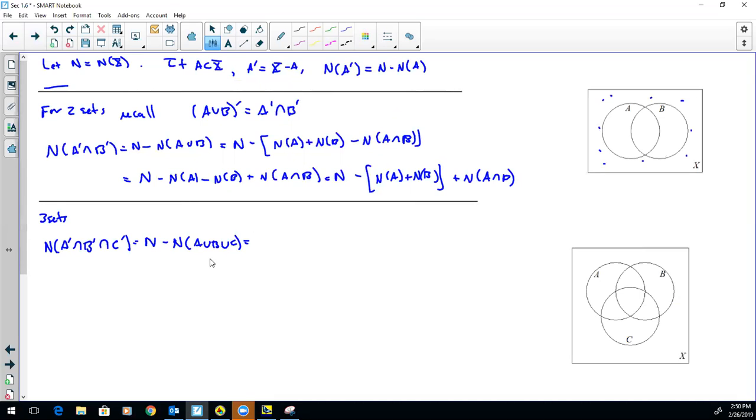So it is N minus the number in A, minus the number in B, minus the number in C, plus the number in the intersection of A and B, plus the number in the intersection of A and C, plus the number in the intersection of B and C. Then minus the number that are in the intersection of all 3 sets.